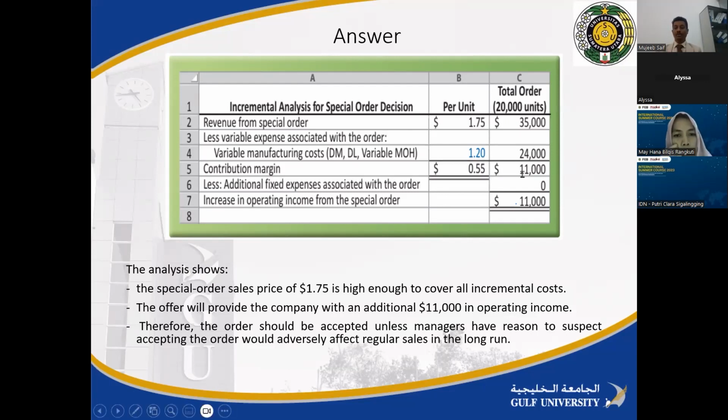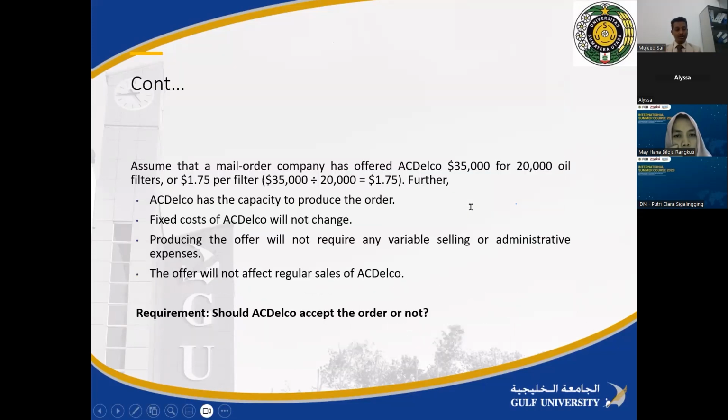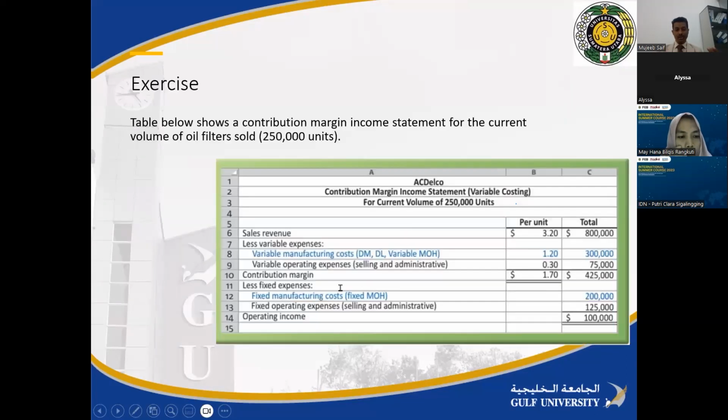Right? So now, which one is higher? Regarding fixed cost, it is mentioned in the question that fixed cost will not change. For this order, I will not pay any additional fixed cost because I have the capacity. No need to rent a new building, no need to bring a machine and so on.